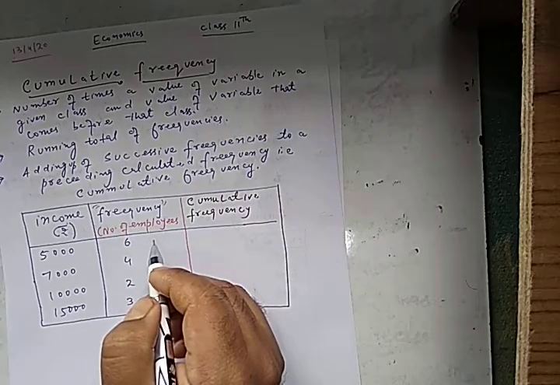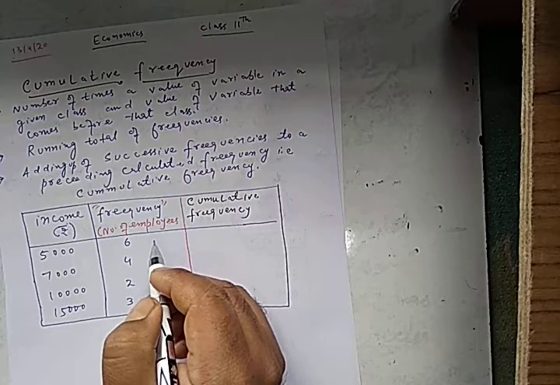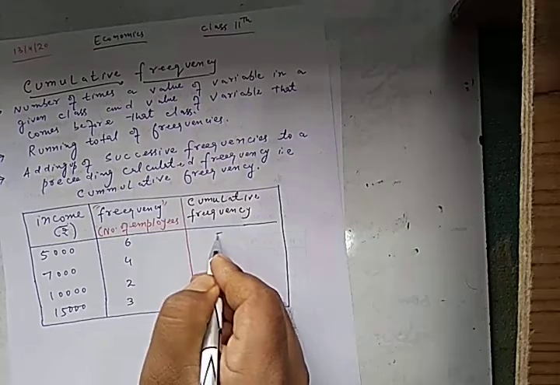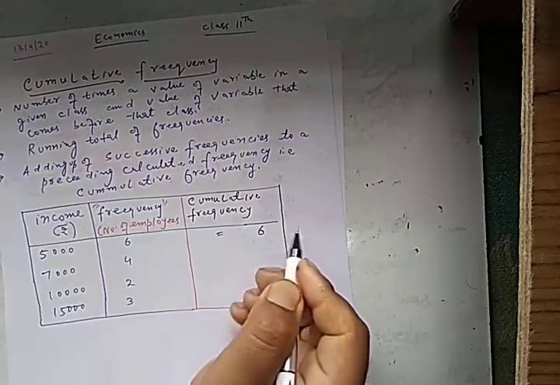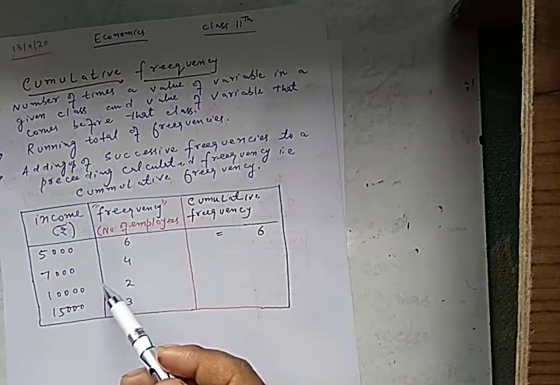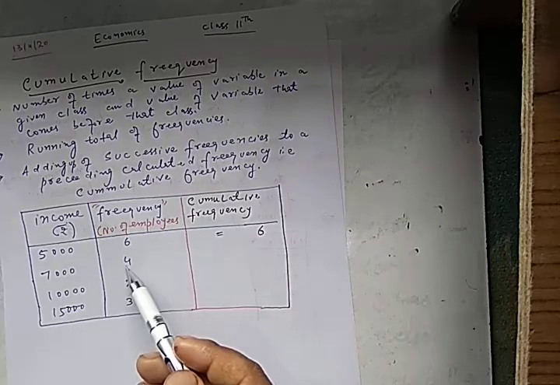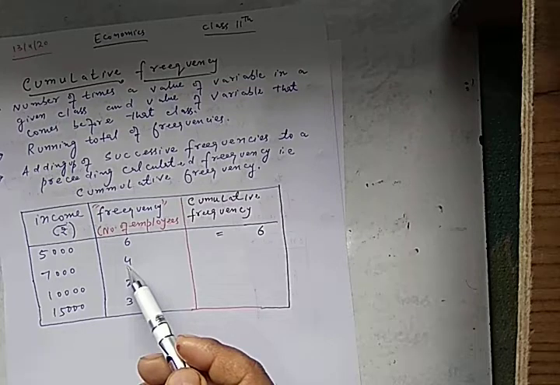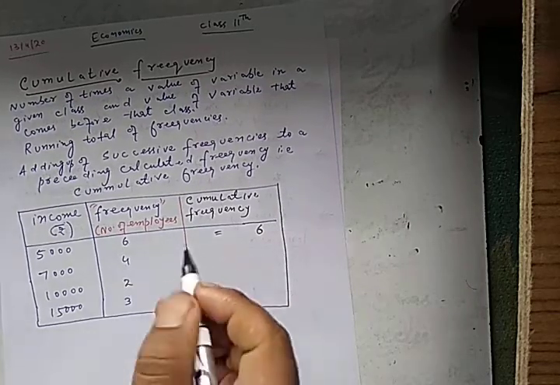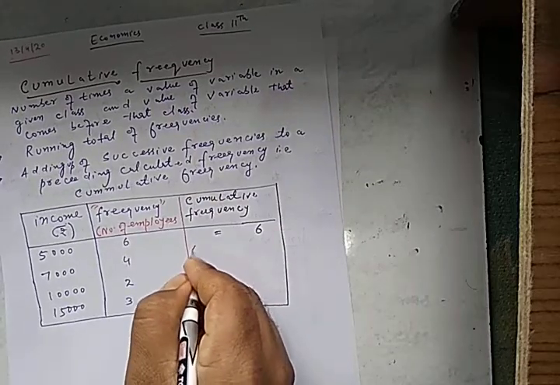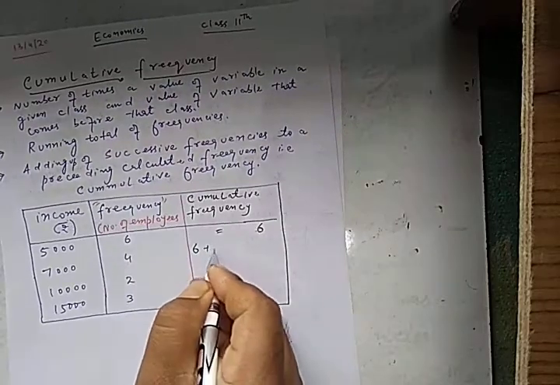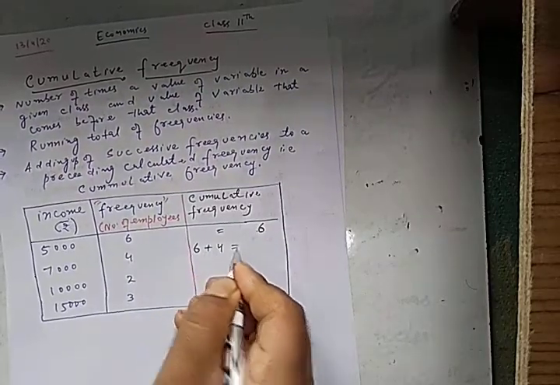Before that, no value of this variable has appeared, therefore it will be written as 6. Now this becomes the preceding one. This 4 is now the successive, or succeeding, frequency. Now this has to be added to the preceding frequency. It will be 6 plus 4, equal to 10.